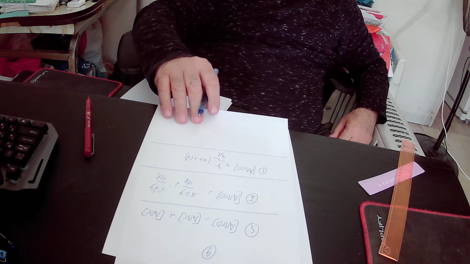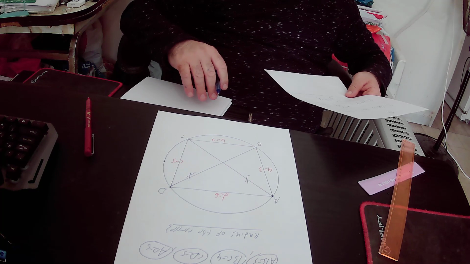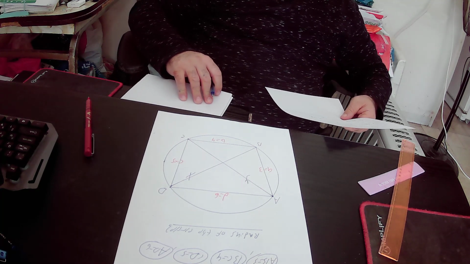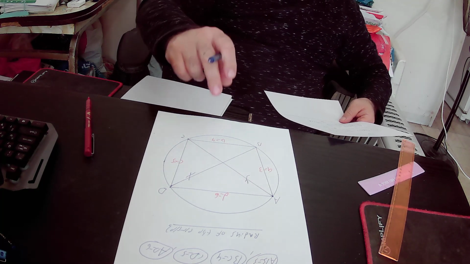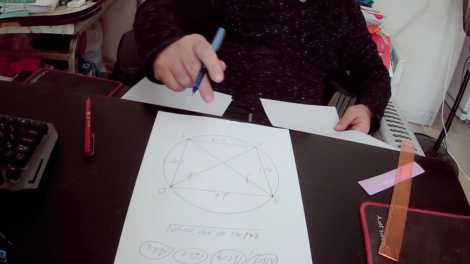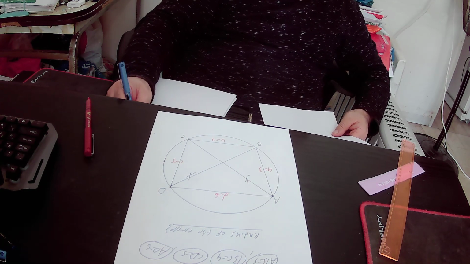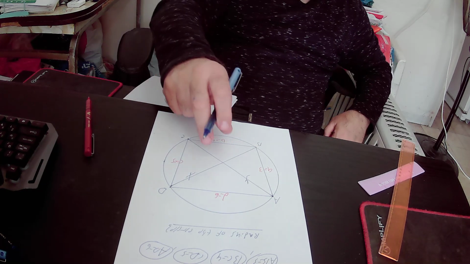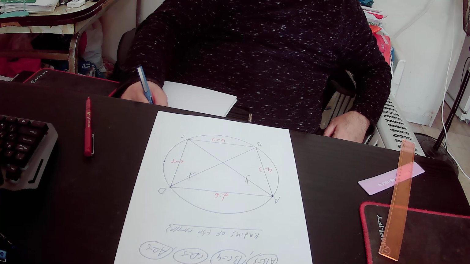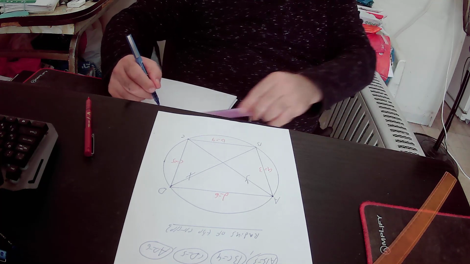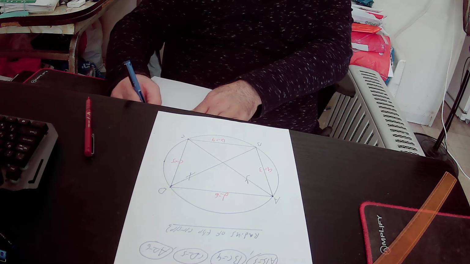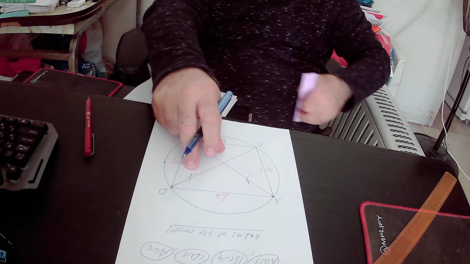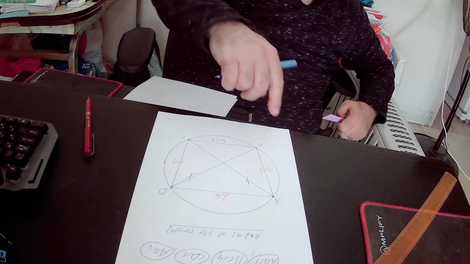So in the next step we will focus on triangle BDC. This triangle BDC is inscribed in this circle.